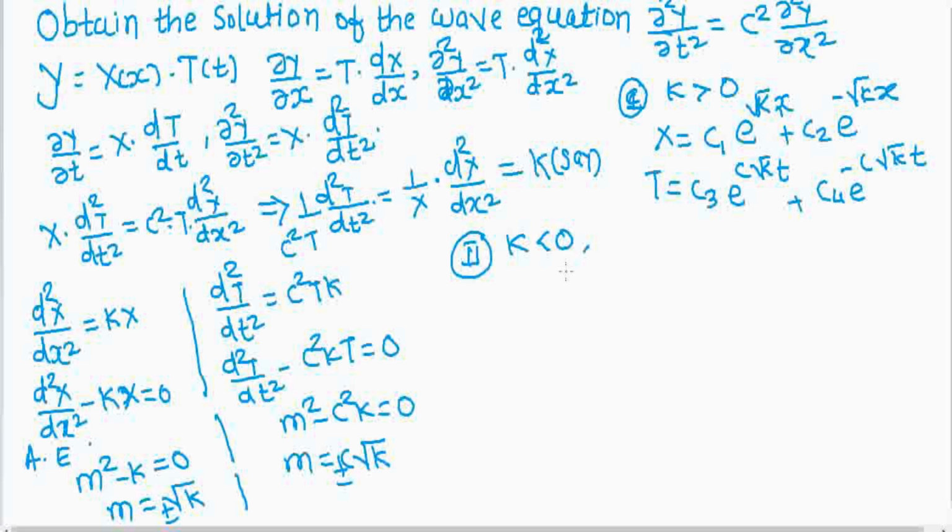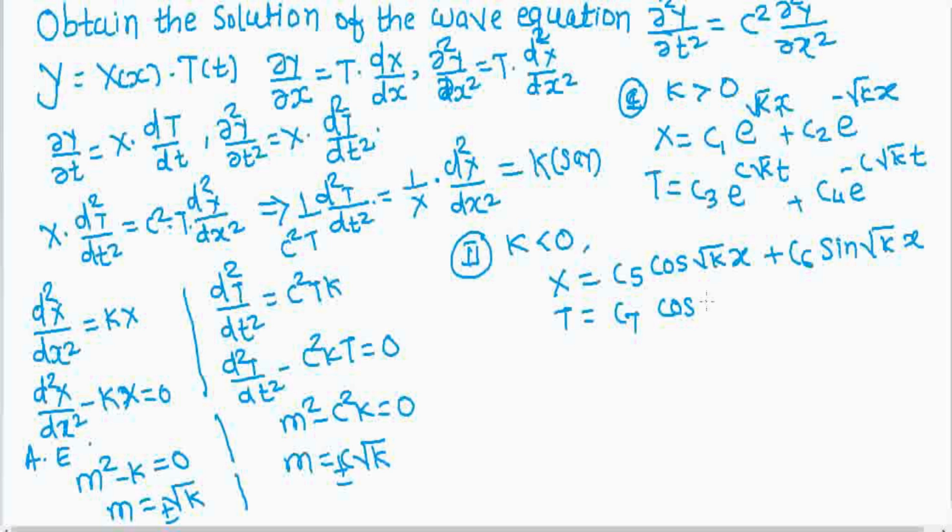If k is less than 0, roots are imaginary, you know that, and when roots are imaginary, we have c5 cos of under root of k into x plus c6 sine of under root of k into x, and T equal to c7 cos of c under root of k into t plus c8 sine of c into under root of k into t are the solution.